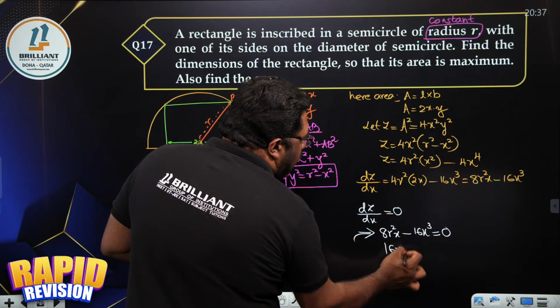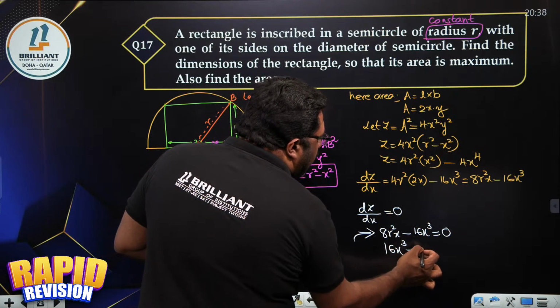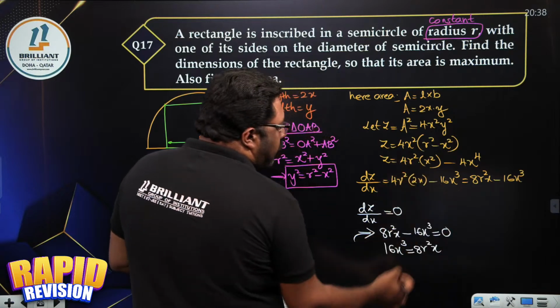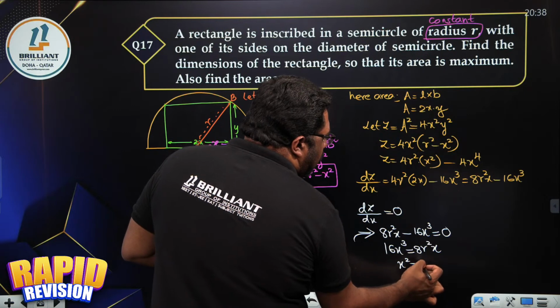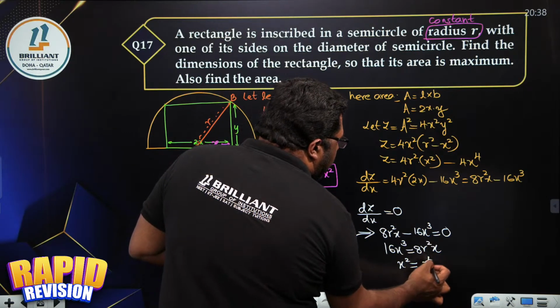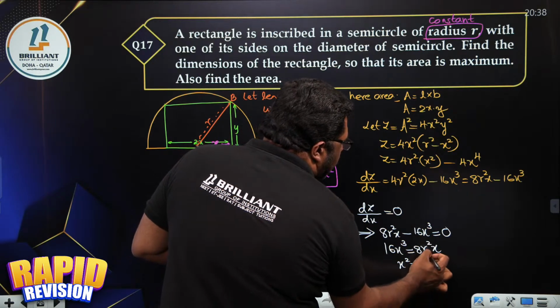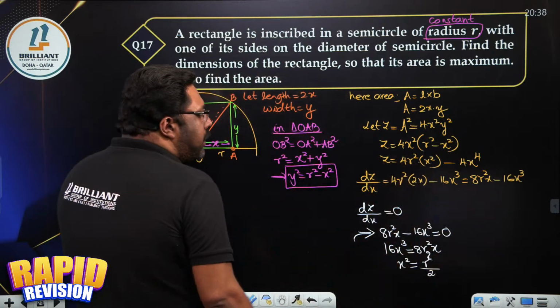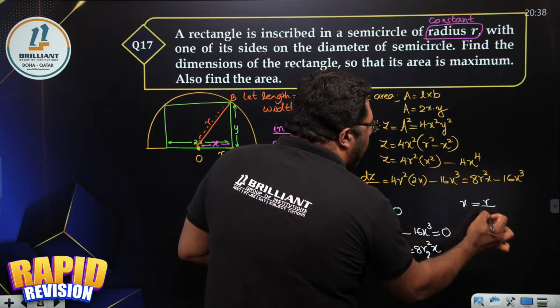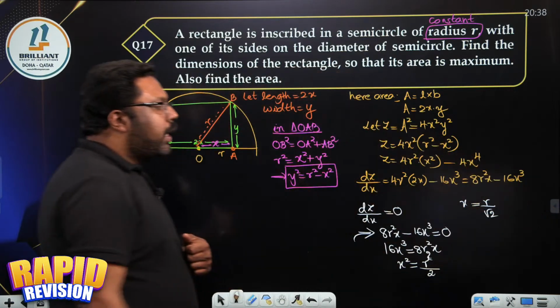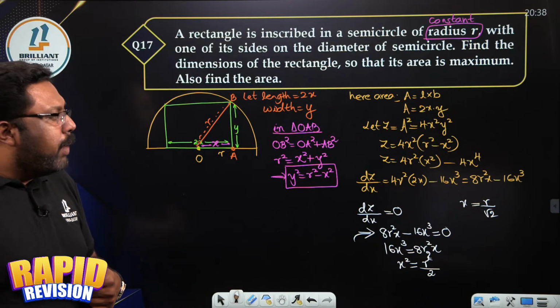So 16x cubed is equal to 8r squared x. So x squared is equal to r squared by 2. x is equal to r by root 2.